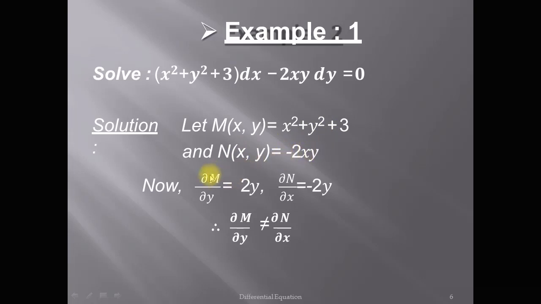First, to find the partial derivative of M with respect to y: the derivative of the first term will be 0, and the derivative of the constant term will be 0, and the derivative of y squared with respect to y will be 2y. Now the partial derivative of the N function with respect to x: the derivative of x with respect to x will be 1, so we get minus 2y.